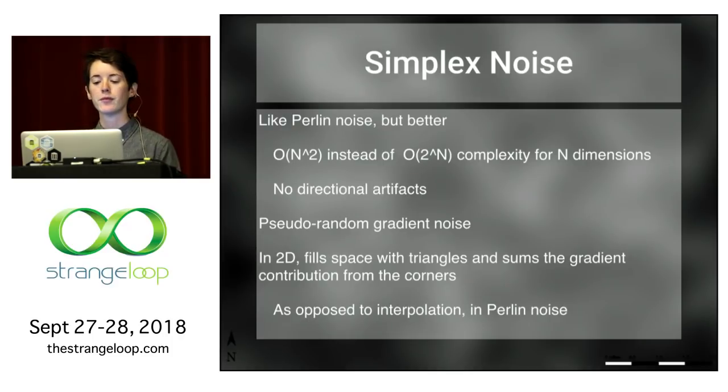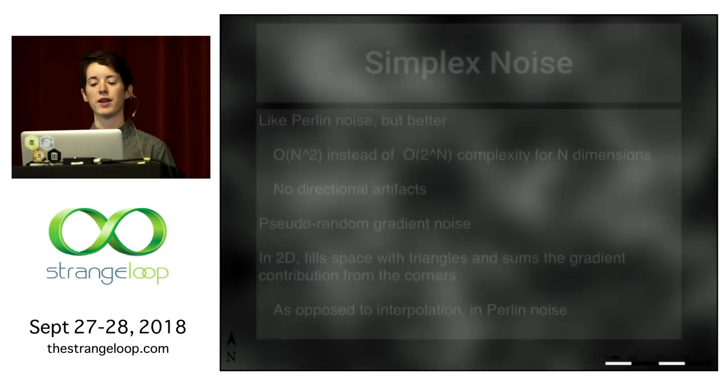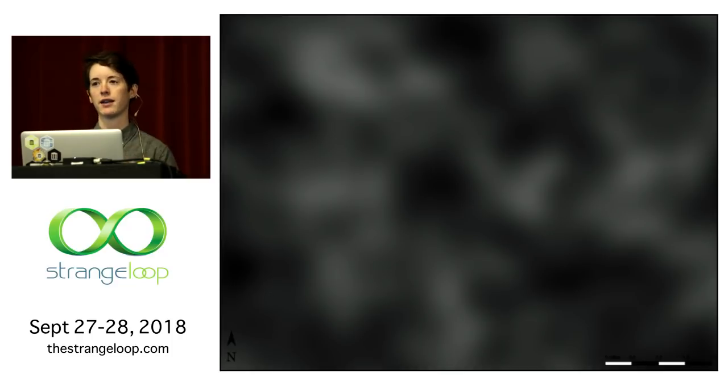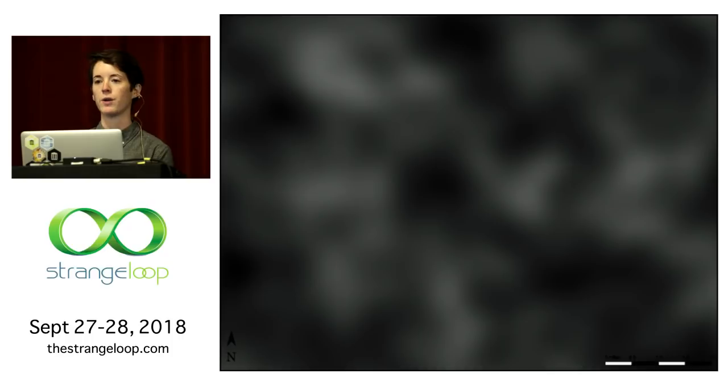I'm not going to explain how it works. It involves lots of matrices and complex stuff that is interesting, but I'm not going to get into it because there's lots of libraries that do this. But it's pseudo-random gradient noise, so it creates really smooth transitions between areas of light and dark or high and low values. So on this visualization, black is 0 and white is 1, and there's values between there.